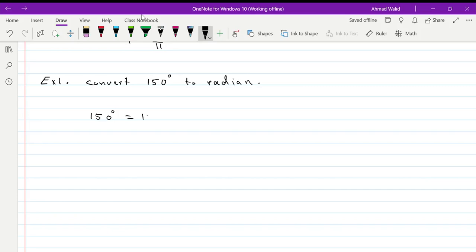I will multiply my degree with pi over what? 180 degree. Correct? Degree cancels out with degree. 0 cancels out with 0. You can divide both by 3. 5 times, 6 times. It means 150 degree is 5 pi over 6 radian. Correct?